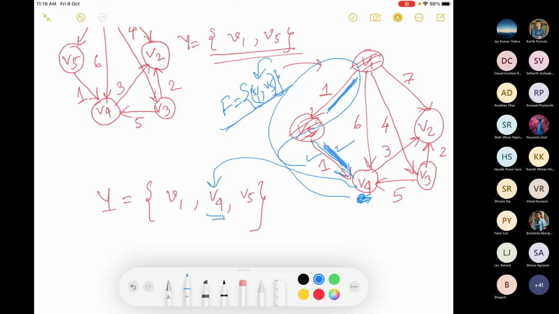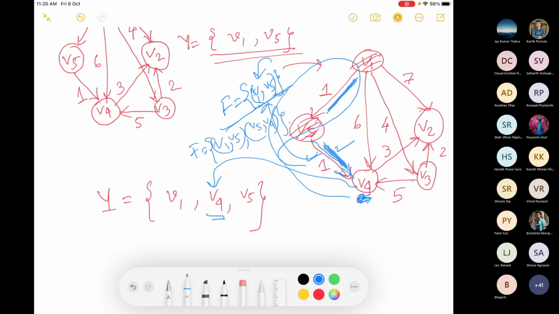That edge, the one that connects any one of these with V4 with the minimum edge weight, gets added to F, and F now becomes V1, V5 and V5, V4. This is the meaning of touching.